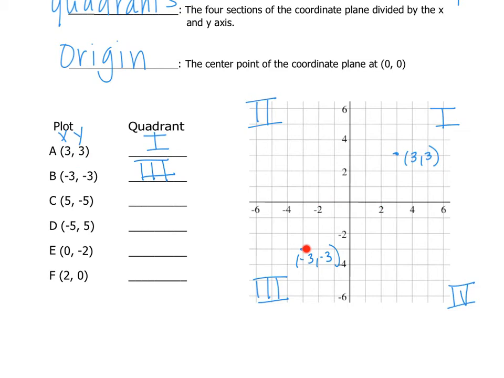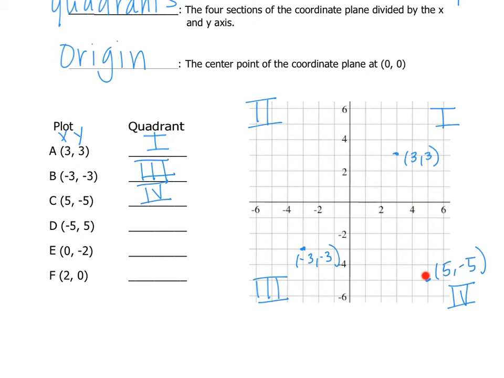Next, 5 on your x-axis, and then -5, 3, 4, 5 right there. And that is going to be (5, -5), and that would be in quadrant 4.